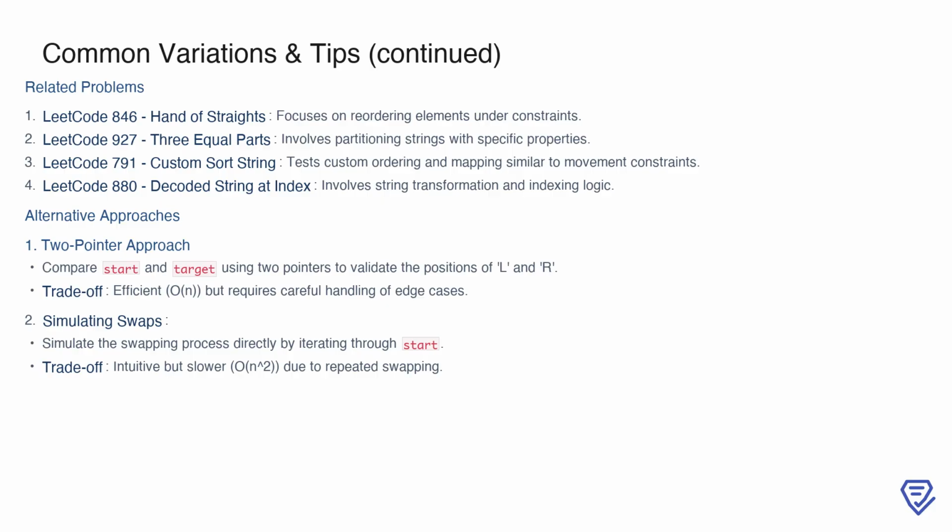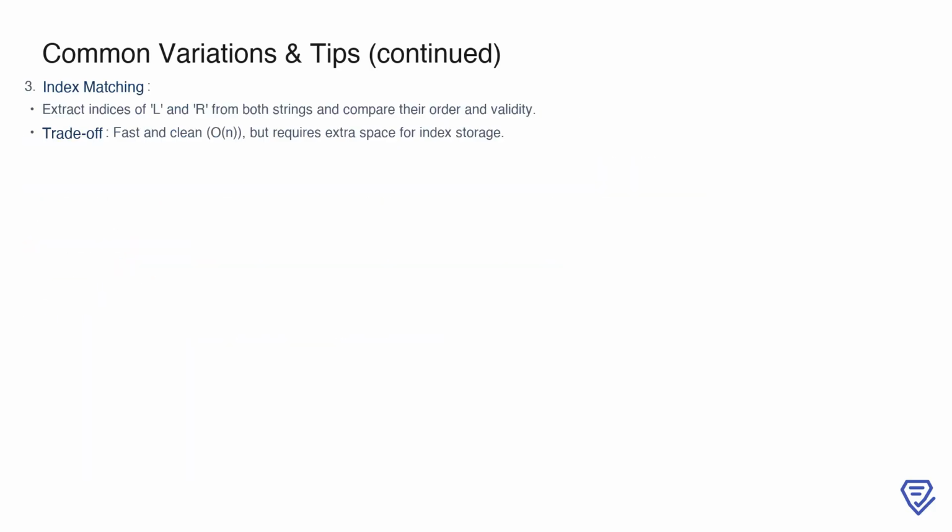When approaching this problem, you can use a two-pointer technique to compare start and target directly. This method is efficient with O(n) complexity but requires careful handling of edge cases. Alternatively, you could simulate swaps directly, which is more intuitive but slower, with O(n²) complexity due to repeated operations. Another effective method is index matching.